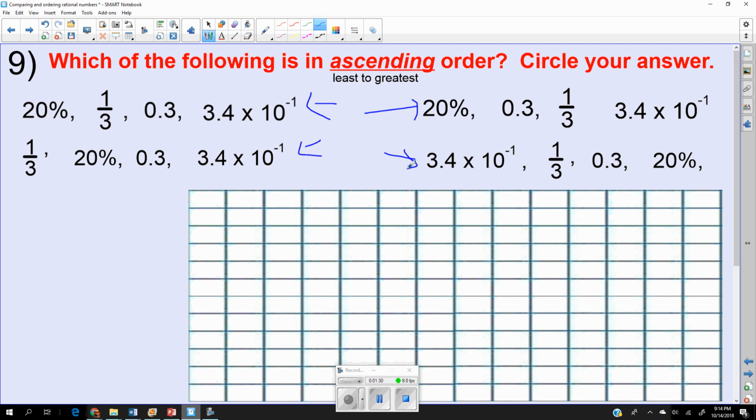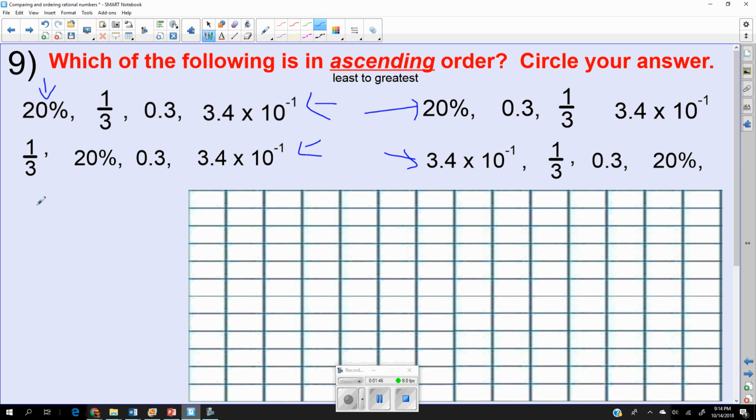So all we have to do is take each of them and change it to a decimal. One's already a decimal, so we don't have to do that one. All right, so 20%, we'll start with this one.